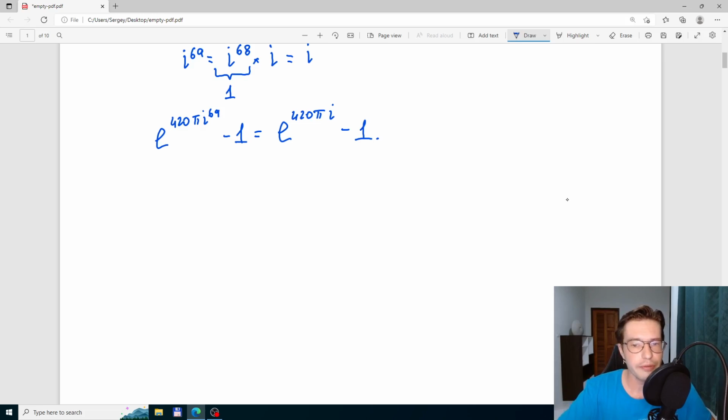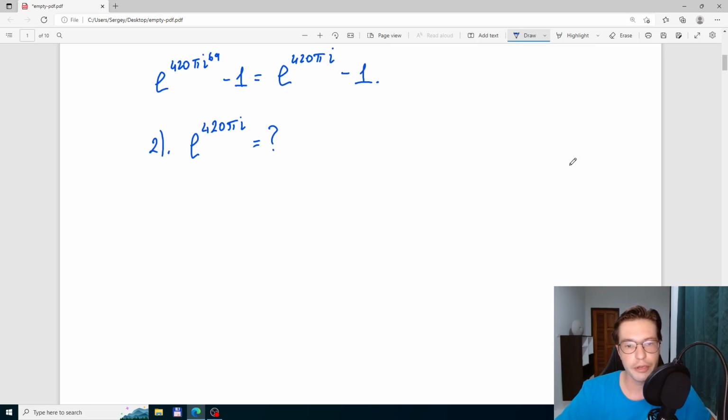Now, how do we raise e to the power of a complex number? Namely, what would be e to the power of 420 pi I? Now, let's remember that a complex number can be written in two forms.